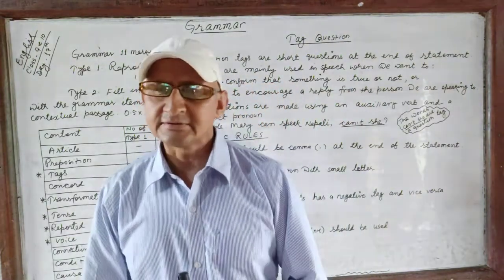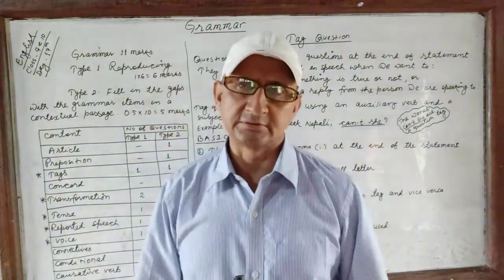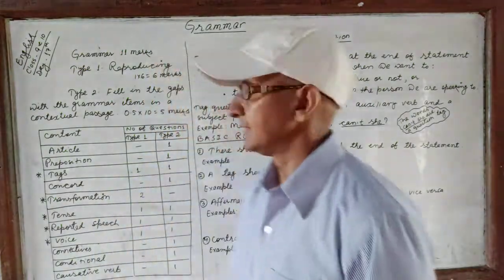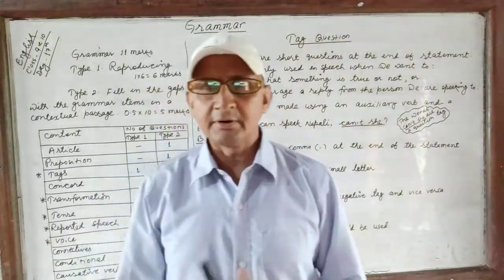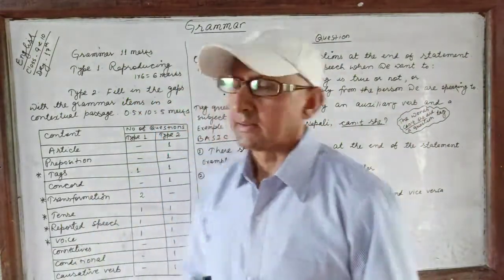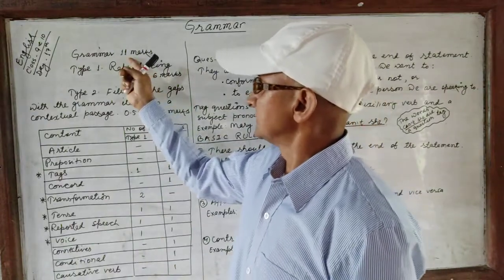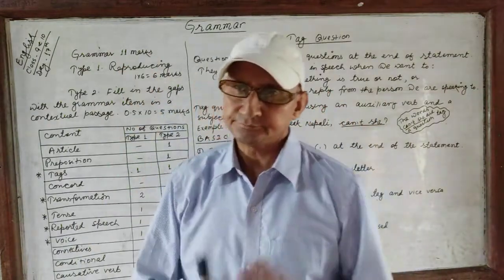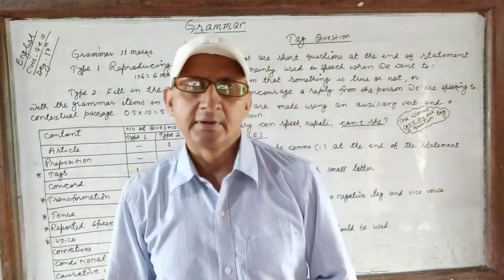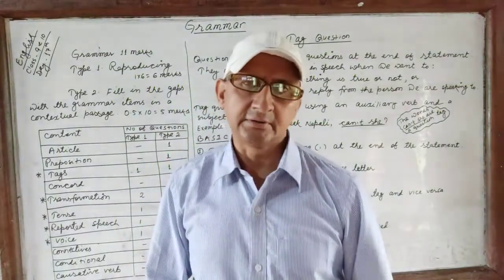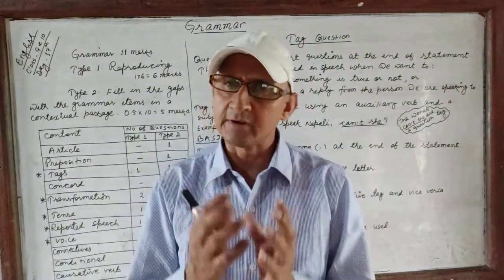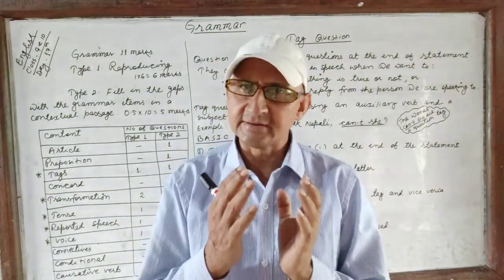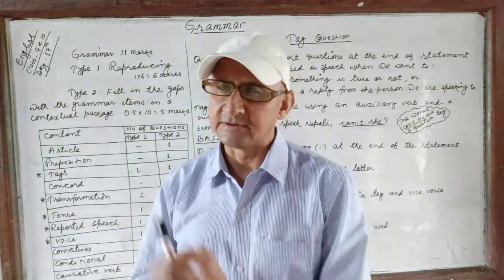Well, let's go to the subject matter. Our topic today is grammar. Grammar covers 11 marks. It is under the writing section. Our textbook is based on 4 language skills: listening, speaking, reading and writing.